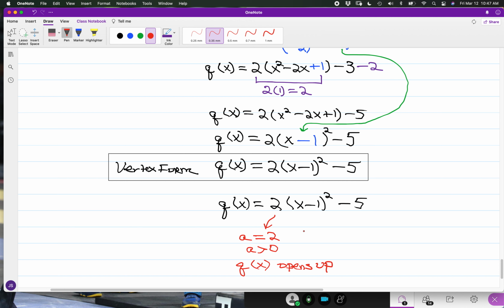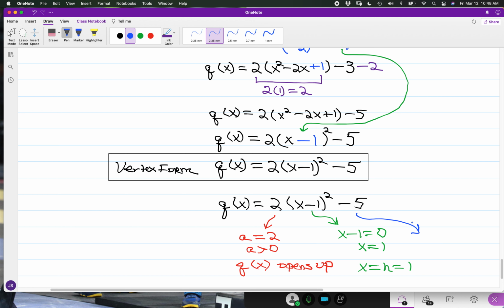And in terms of what we have for the h value, again we have x minus 1 equal to 0. We have x is equal to 1. So h is equal to 1.